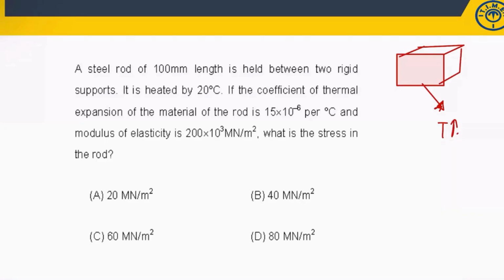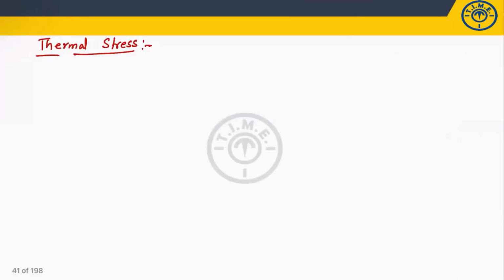There are two important conditions for developing thermal stress. The first condition is that there should be a temperature variation.